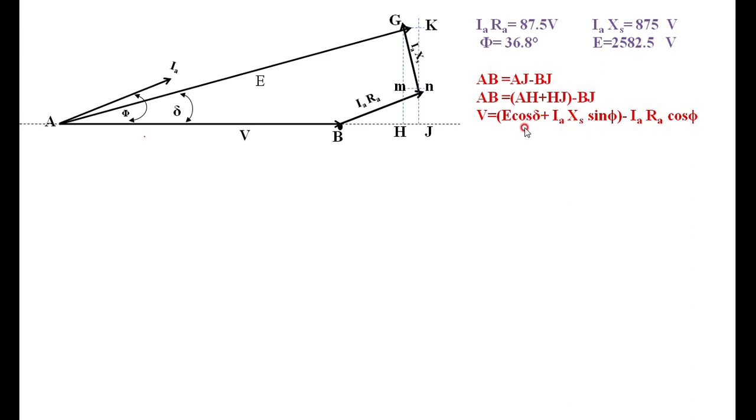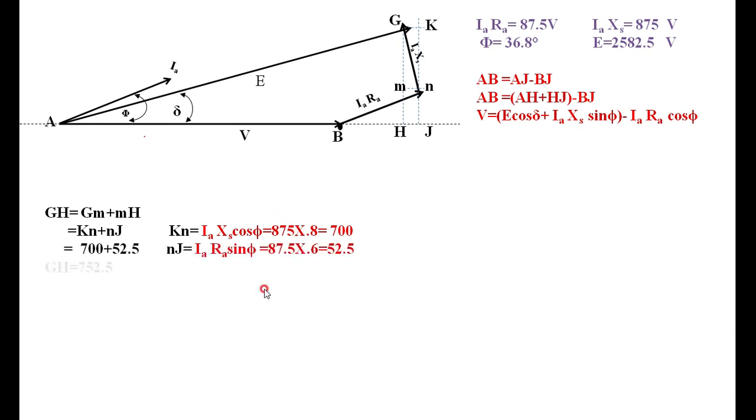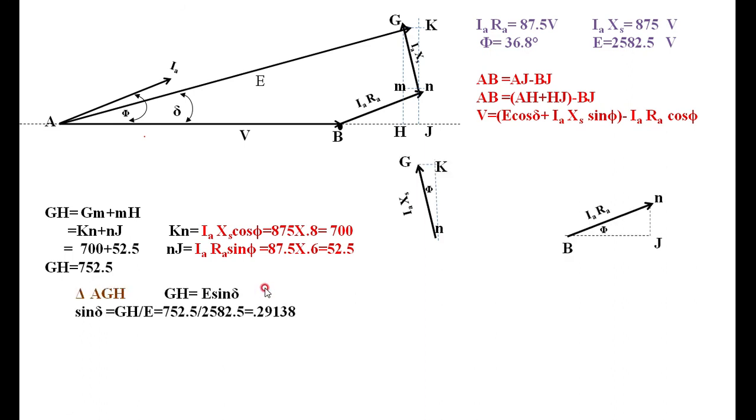My main objective is to find delta. Once again from the triangle, GH is equal to GM plus MH. GM is nothing but KN, whereas MH is nothing but NJ. Therefore, from the triangles NGK and NHJ we can find GH, and from GH we get the value of delta.